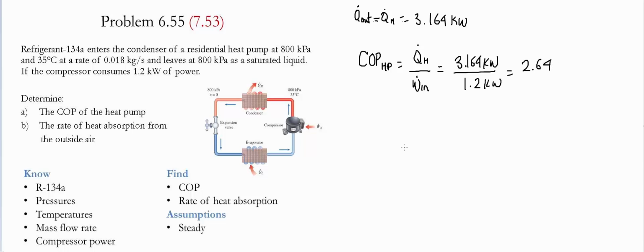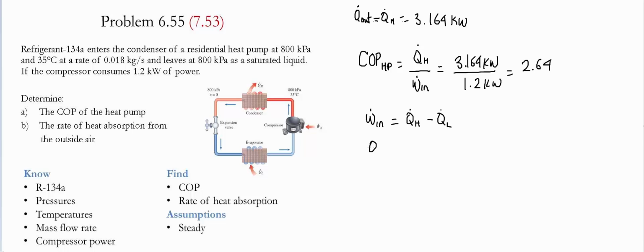The last step is to find out what is the rate of heat absorbed from the outside air. This is done by the evaporator. If you think about it, the amount of power going into the compressor is the difference between the amount of heat that was rejected and the heat that was absorbed by the evaporator. So we have that the power going into the compressor is the difference between the rate of heat rejected by the condenser and the rate of heat absorbed by the evaporator.